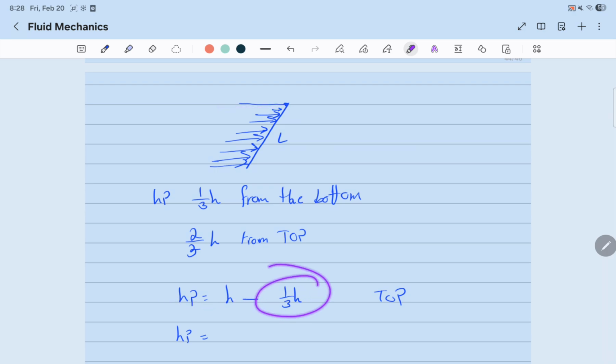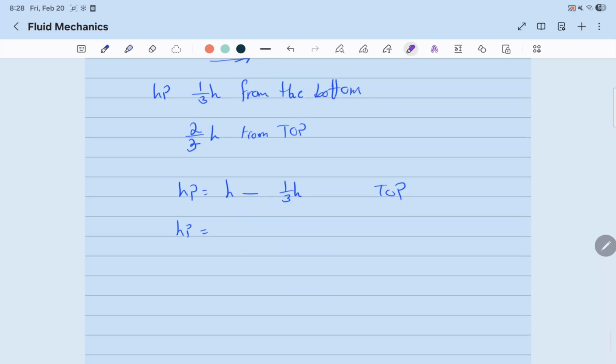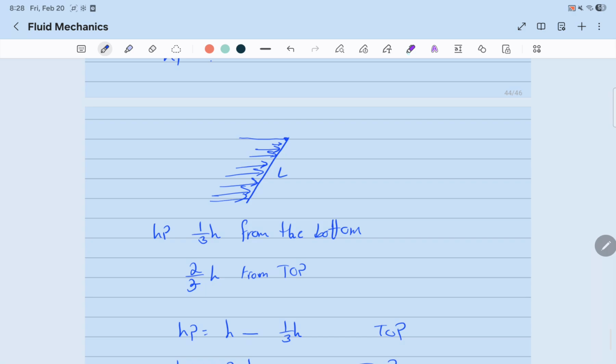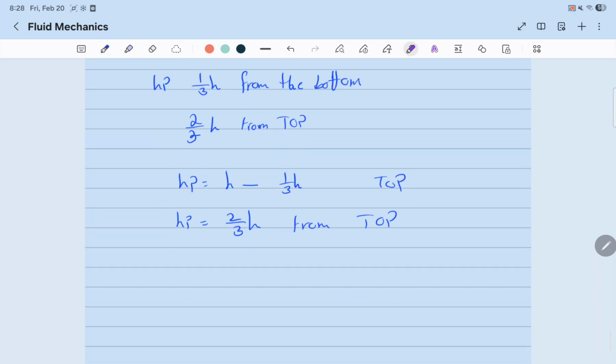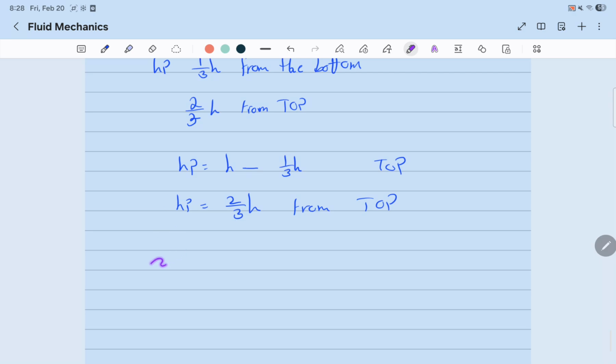So if I calculate it from the bottom, I'll say HP equals H minus 1/3 of H, in order for it to be measured from the top, or it will equal 2 over 3 of H from top. Now, we also need to find the distance along L from the top to where the center of pressure is happening.